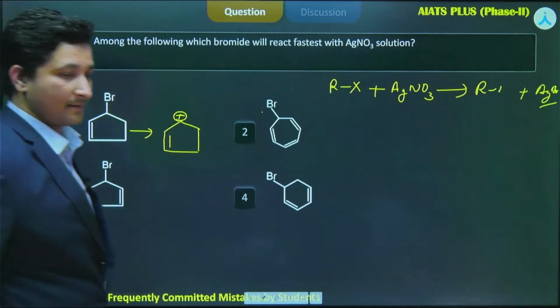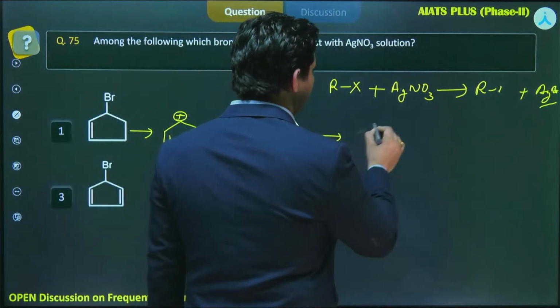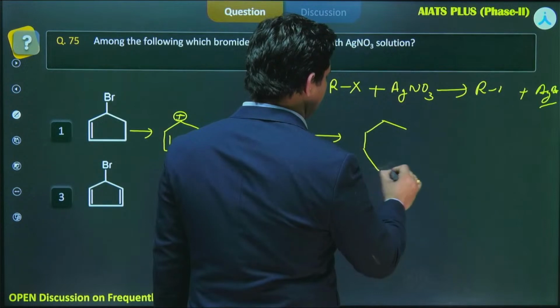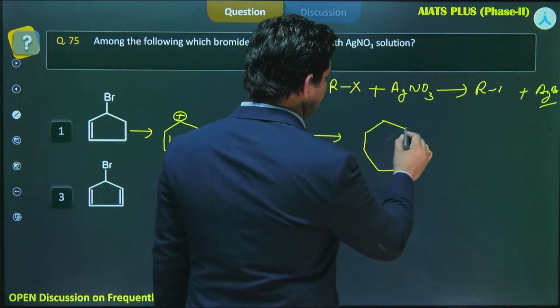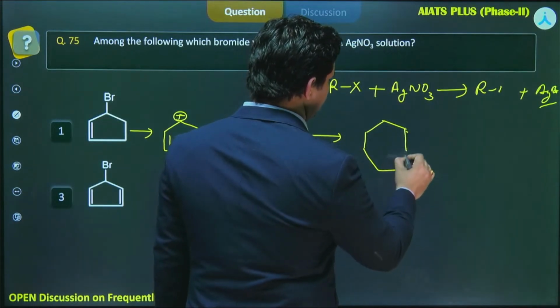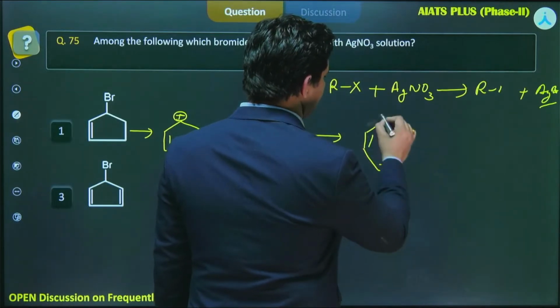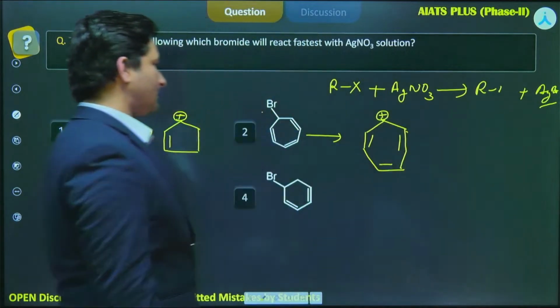Now let us draw the carbocation formed, one by one. This carbocation will be formed here.